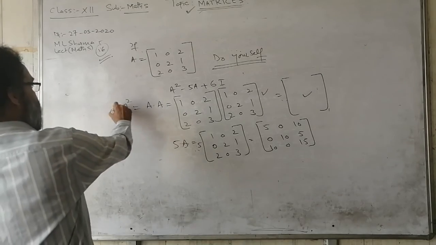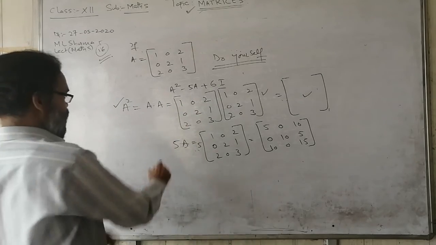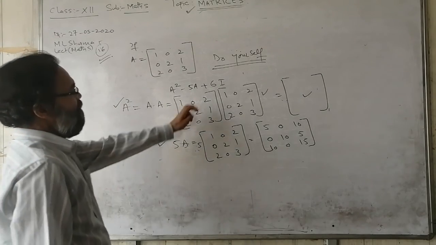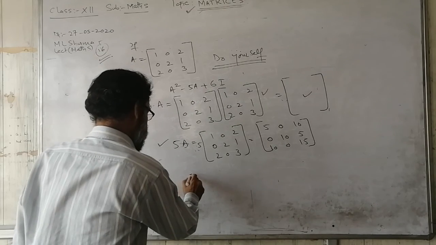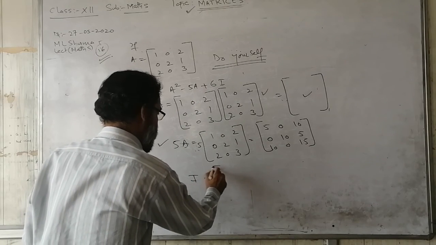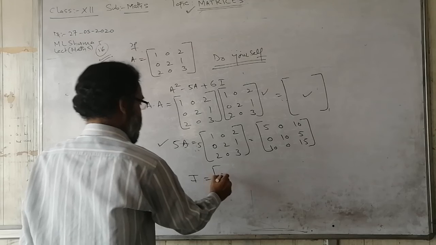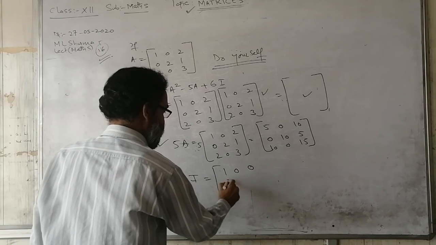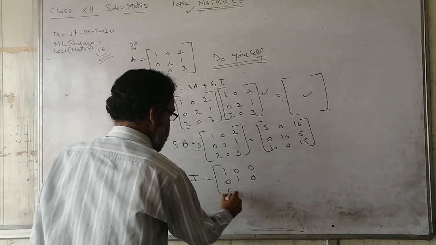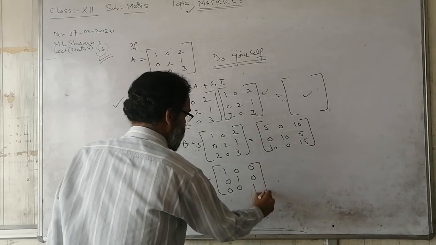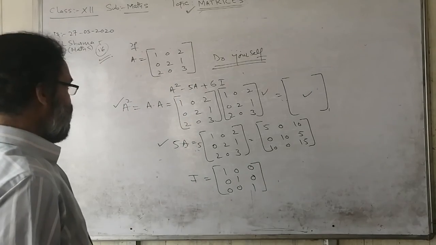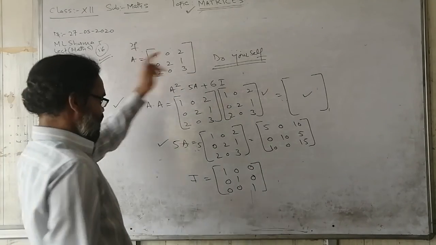The value of A square is known to you, the value of 5A is known to you, and the value of 6I. The value of I is a 3 by 3 matrix, so I have to find its value 6I.